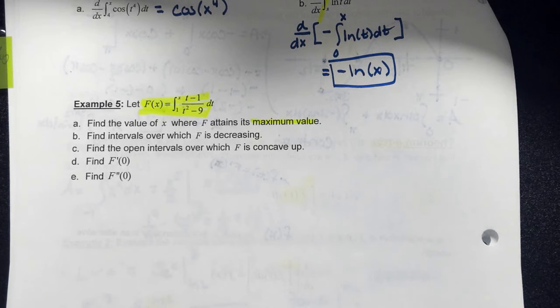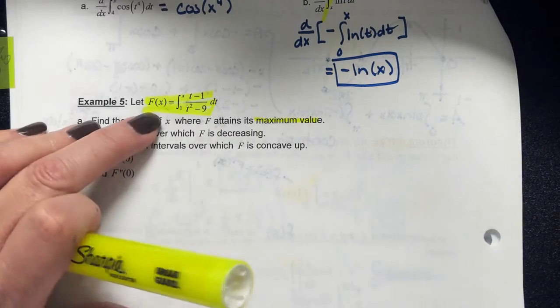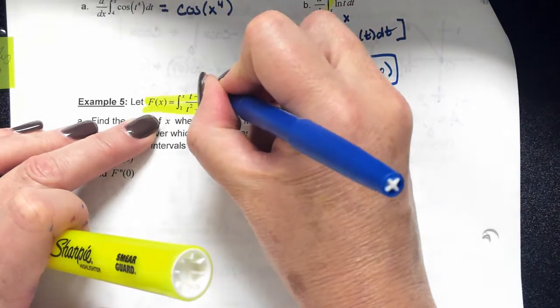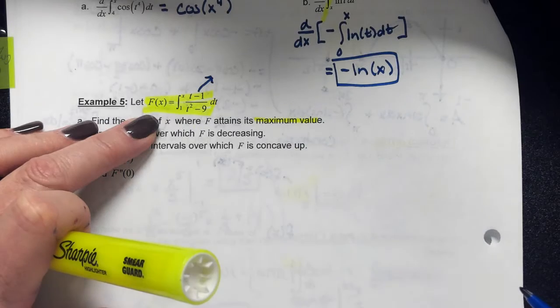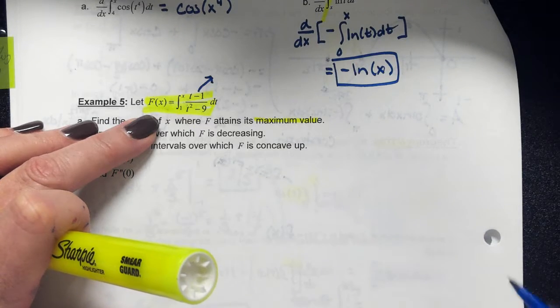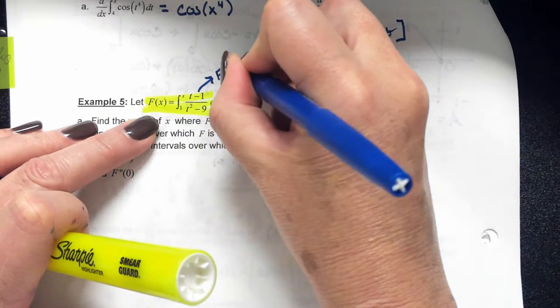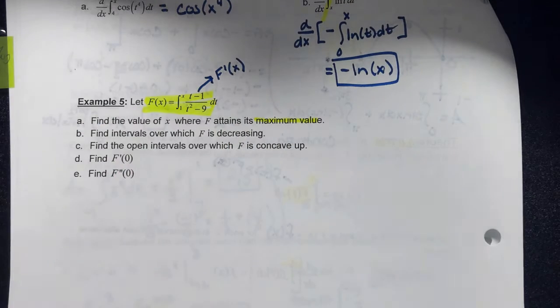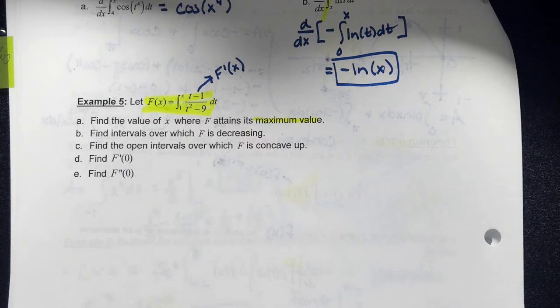How do we find maxes? Relative maxes. It's been that long, chapter 4. You have to set what equal to 0? The derivative. So here's f of x. What is this on the inside of my parentheses? This is actually what? This is the f prime. So it's making sure you understand the relationship of what's inside your integral to a function.